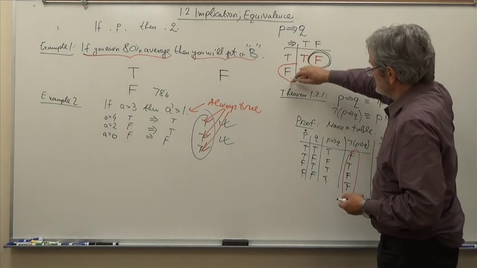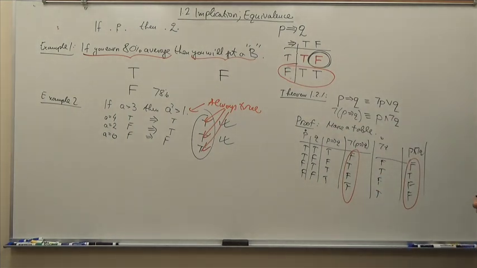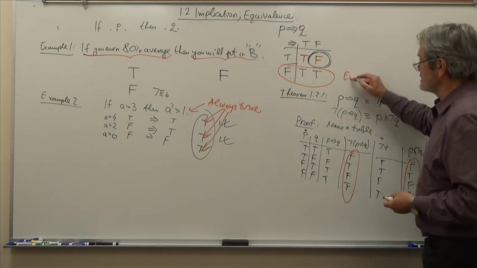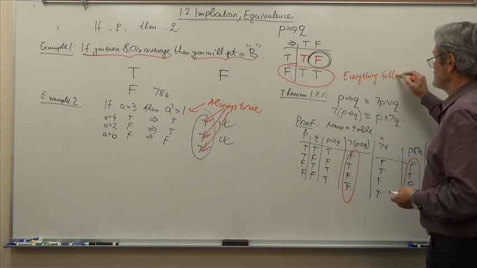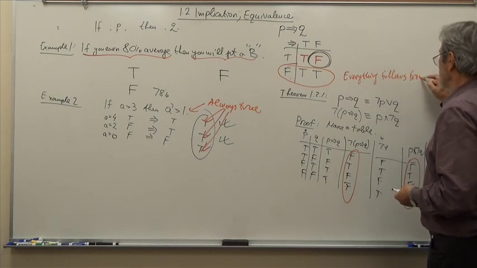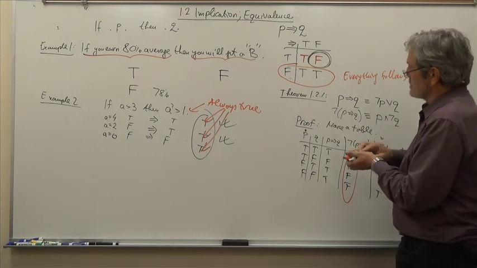And by the way, I forgot to mention something: this line is very often interpreted as follows: if P is false, then the implication is always true. So everything follows from false, or anything follows from false.